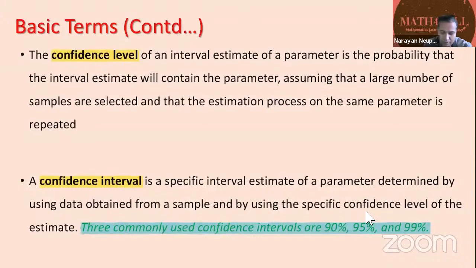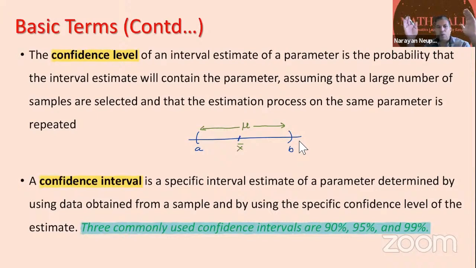So let me try to bring that picture one more time over here. Okay, we have constructed that picture there. Now we are talking about the same interval, but what I'm giving extra is the name confidence interval. When we say confidence interval, we want to say that the population parameter lies in this interval with certain confidence.